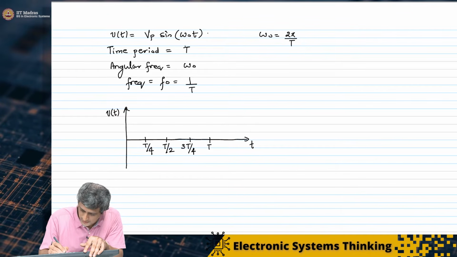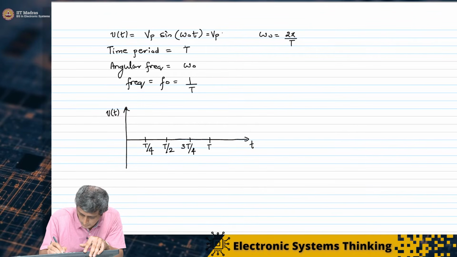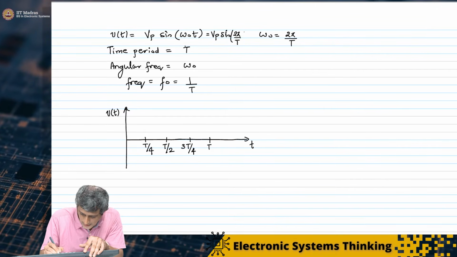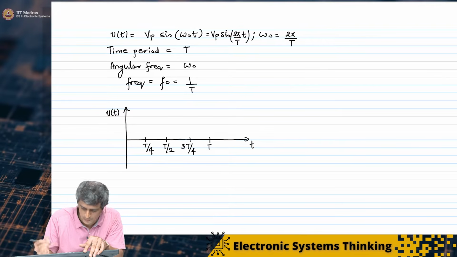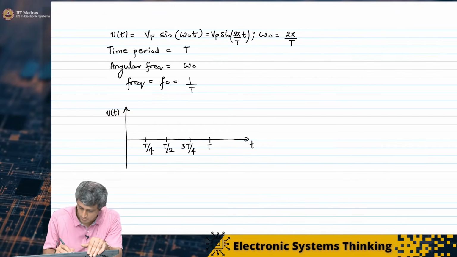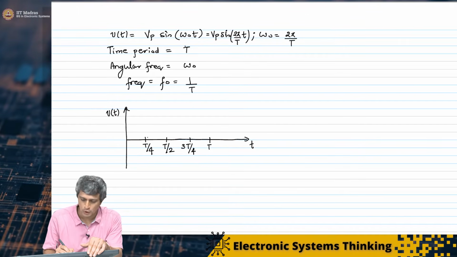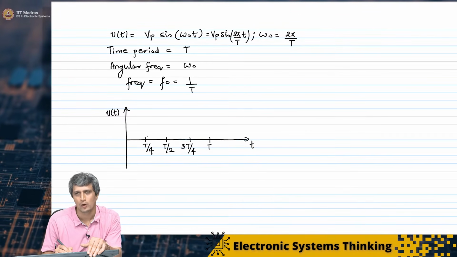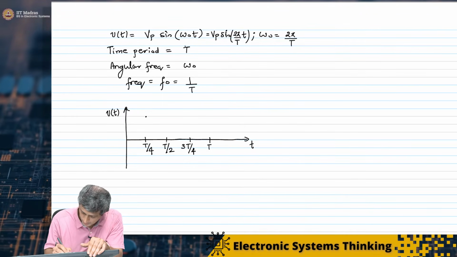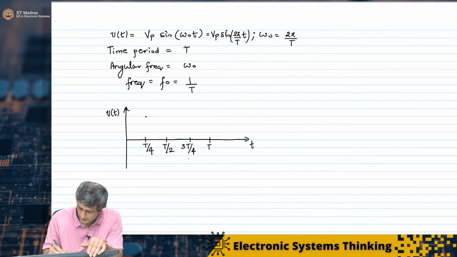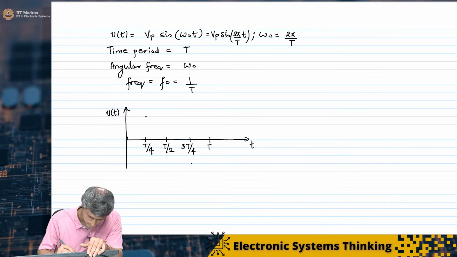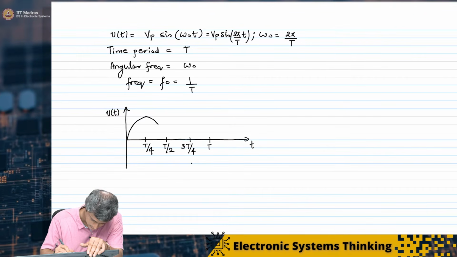So remember, this is equivalent to Vp sine 2 pi by T into t. Therefore, if you now look at this value at T by 4, it will be 2 pi by T into T by 4, which is going to be pi by 2. So it will go to its maximum value here, and at 3T by 4 it will go to minus 1. So exactly this.